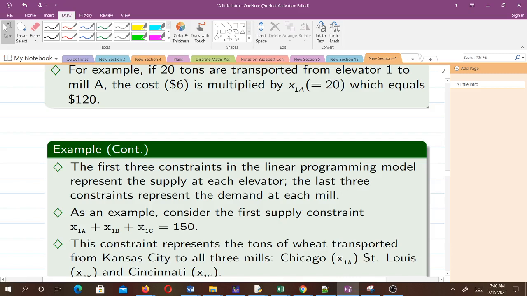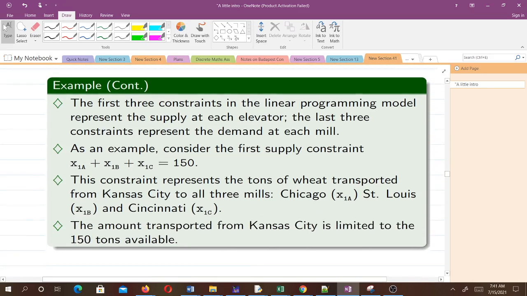As an example, consider the first supply constraint. It represents the tons transported from Kansas City to all three mills, and the amount transported from Kansas City is limited to the 150 tons available.